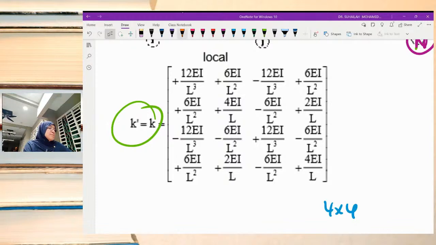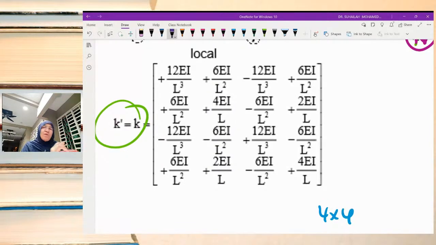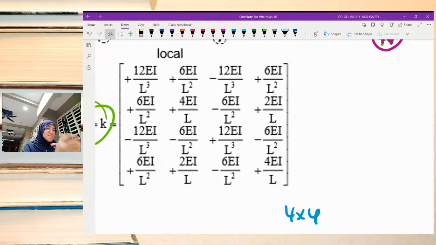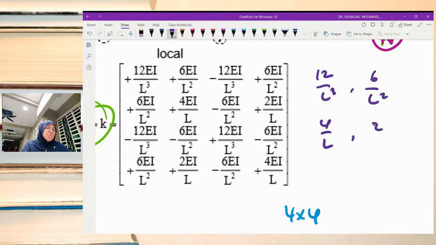There are actually 4 values inside this: 12 over L cube, then 6 over L square, then 4 divided by L, and the last value will be 2 divided by L. Which means that there are 4 values inside this matrix.